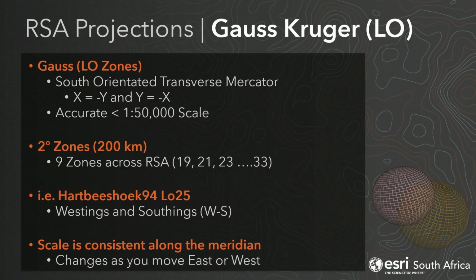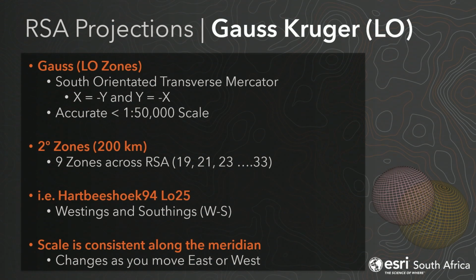The history behind this is that we didn't want both our numbers to be -1, so we have used this process to get back to a traditional sort of graph. And this is applicable at a scale of less than 1 in 50,000. So if you're mapping roads, if you're mapping cadastre or land parcels, or mapping anything which has to be very accurate, you need to use Gauss-Kruger.